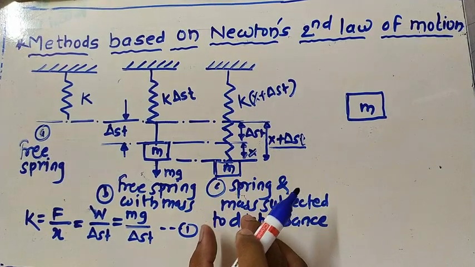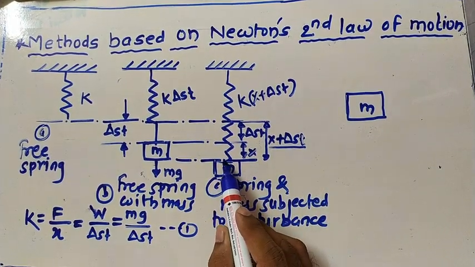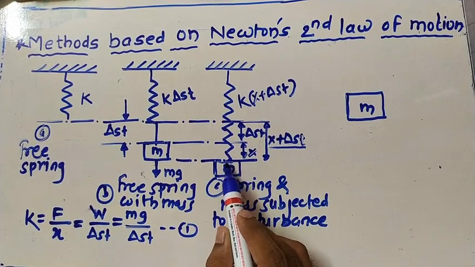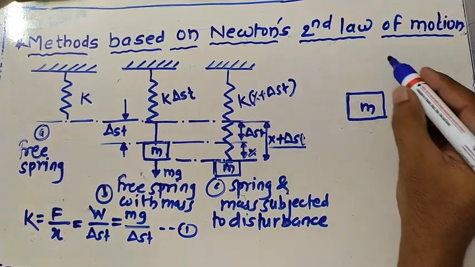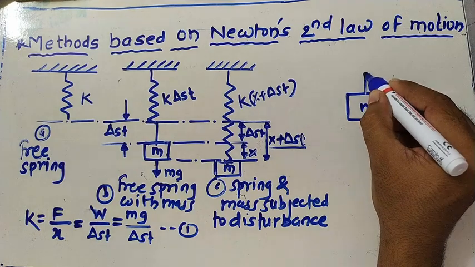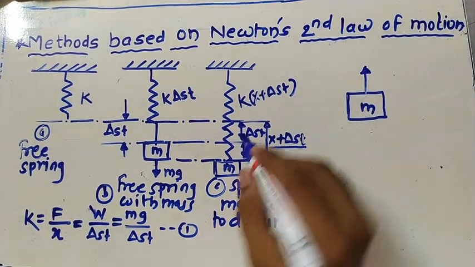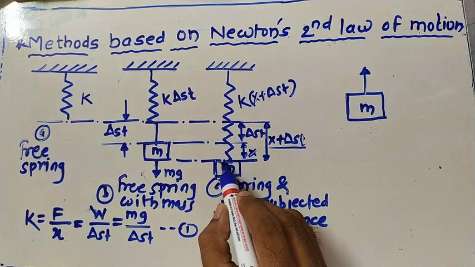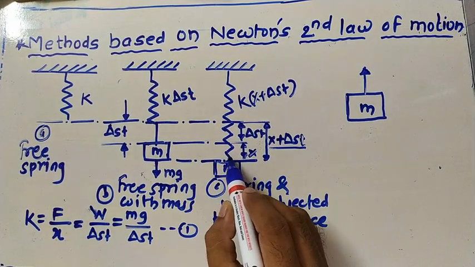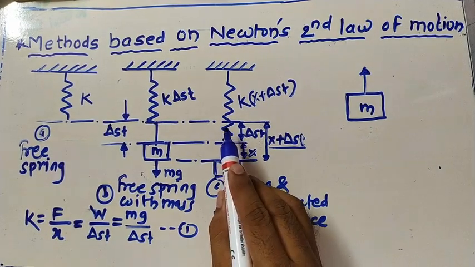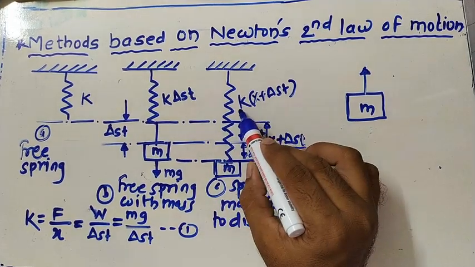The spring resists the motion of this mass in the downward direction. The spring force will oppose that motion, the tendency of this mass to move in the downward direction. So the opposite force comes because of this spring.